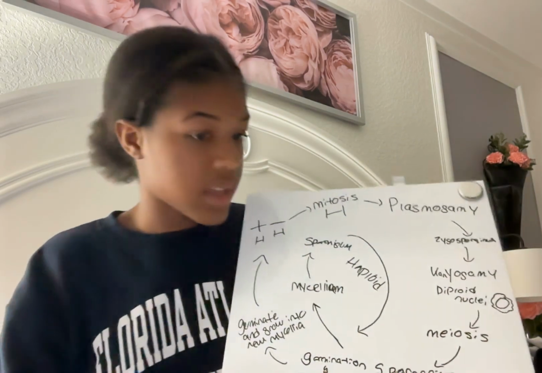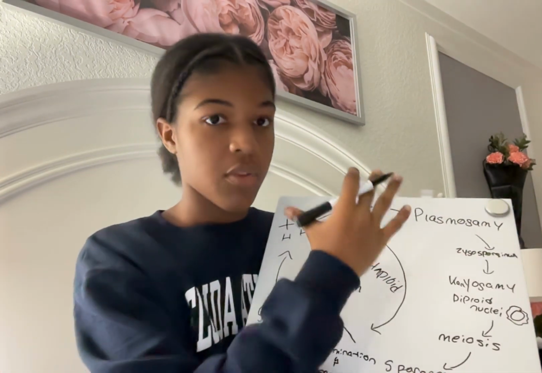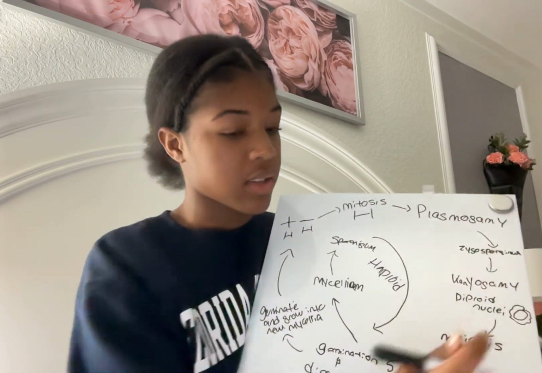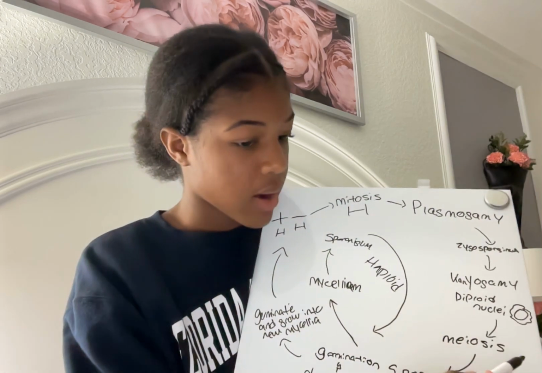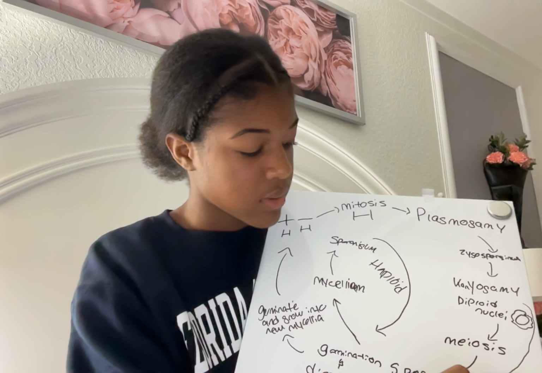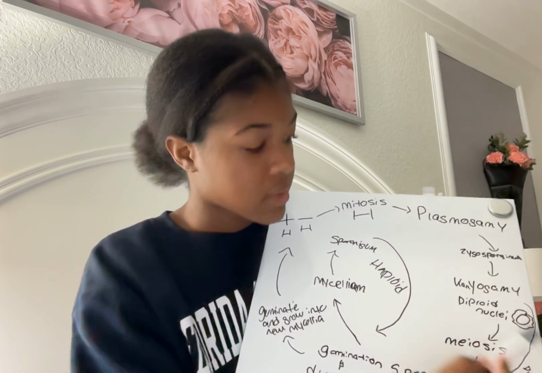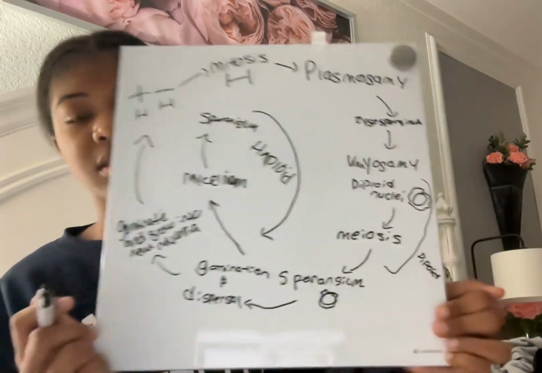And then over here, it's sexual. It's all haploid until it's diploid, only from karyogamy to meiosis. Here, it is diploid because of the diploid nuclei after the karyogamy. But yeah, this is what I have. This is what I'm understanding.